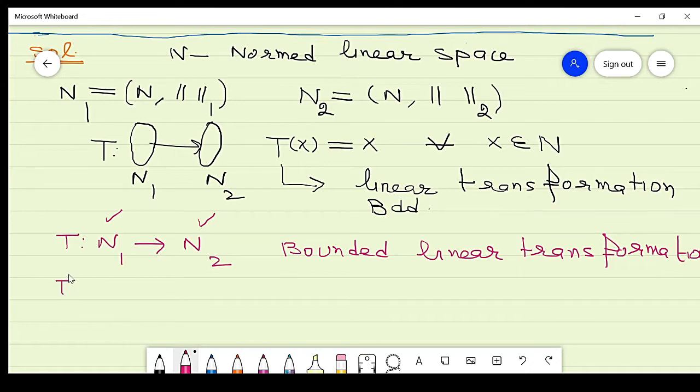Similarly, its inverse map is from N2 to N1.